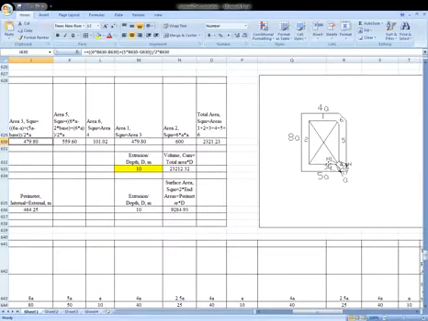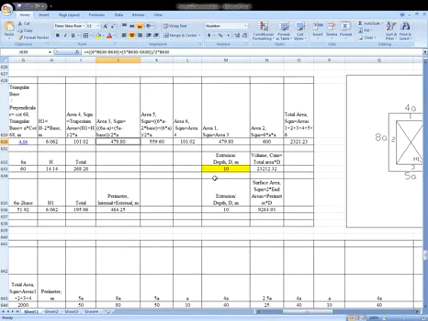So we can say 6a minus 2 base plus 6a over 2 into a. We got this value.